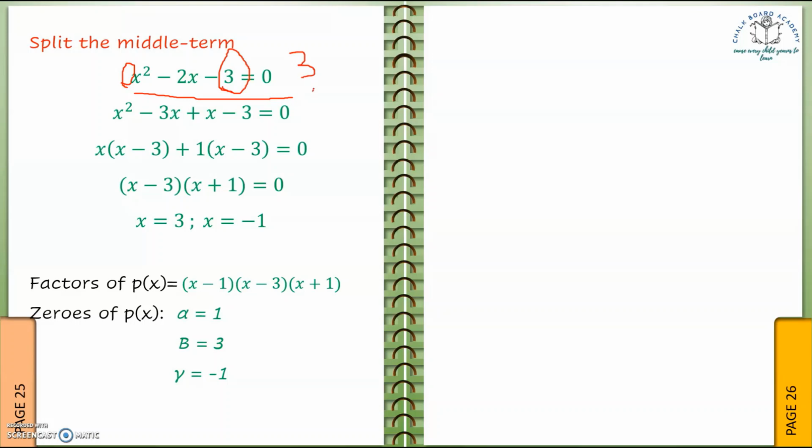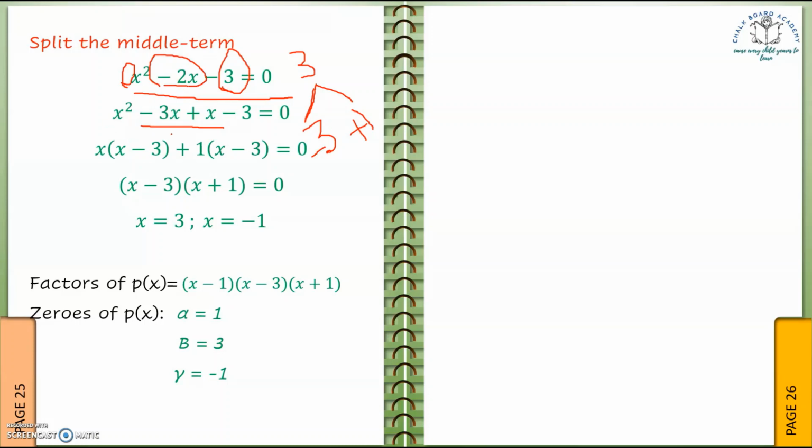Now we have to split 3 in such a way that we get 3 by multiplying them, that is 3 into 1, no other way. So 3 and 1. 3 minus 1 is equal to 2, but what we need here is minus 2. So minus 3 plus 1. Then we will get minus 2.